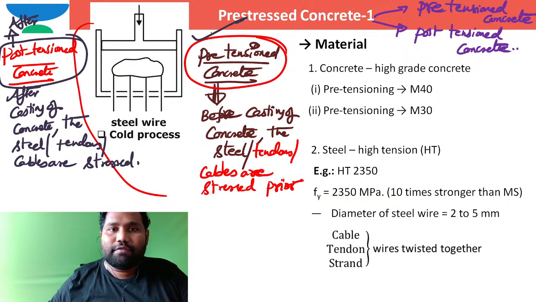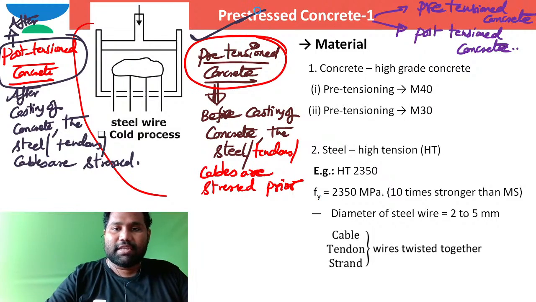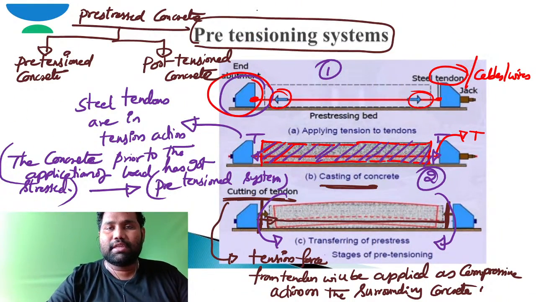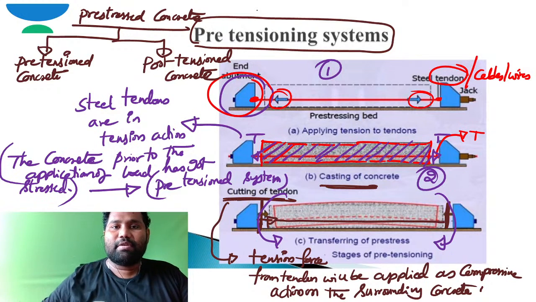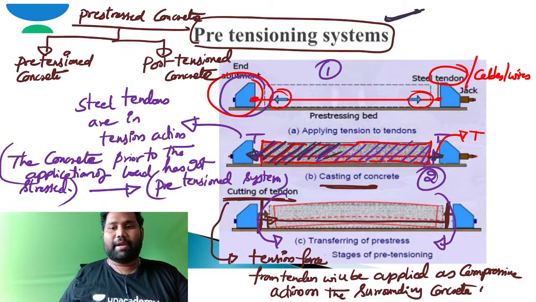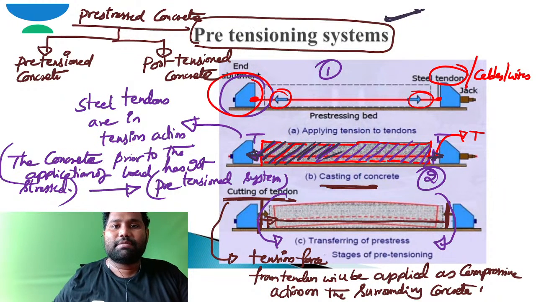I had shown you the figures for pre-tension concrete. This is an example of a pre-tension system. Before the casting of this concrete here, the reinforcement, or you can call them tendons, were stressed prior. That's the reason why we call it a pre-tension system.